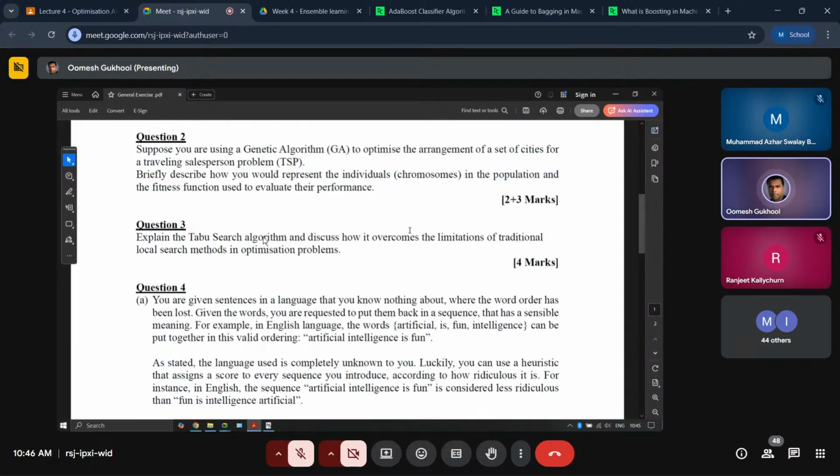Okay, so you could use that as an answer. It has also something called the aspiration criteria. Another feature would be aspiration criteria. It allows revisiting a solution that is currently on the taboo list if it leads to a better solution. Okay, this helps the algorithm to escape from poor choices and continue exploring potentially better solutions.